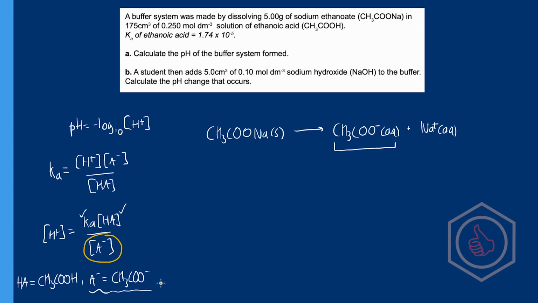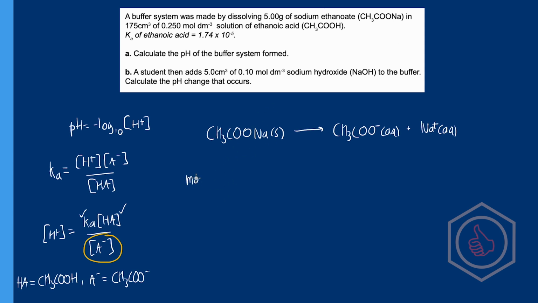In other words, they're the conjugate base of the ethanoic acid. This means if we know the moles of CH3COO− ions added, we can find the concentration of them, and this will be the concentration of A− in the expression. Now the moles of CH3COONa added at the start will be the same as the moles of CH3COO− present in the buffer. So we're told we've got 5 grams of sodium ethanoate.